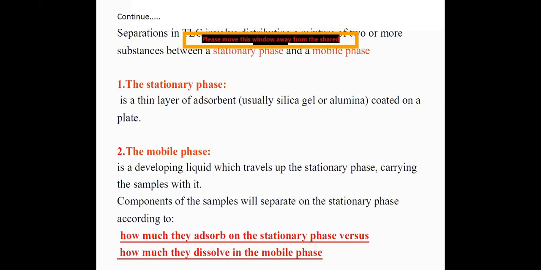Then cool it, apply the spots over the baseline, dip the plate in a solvent chamber, run it up to two-thirds of the plate, remove it, dry it, find out the locations of the spots, and calculate the RF value.